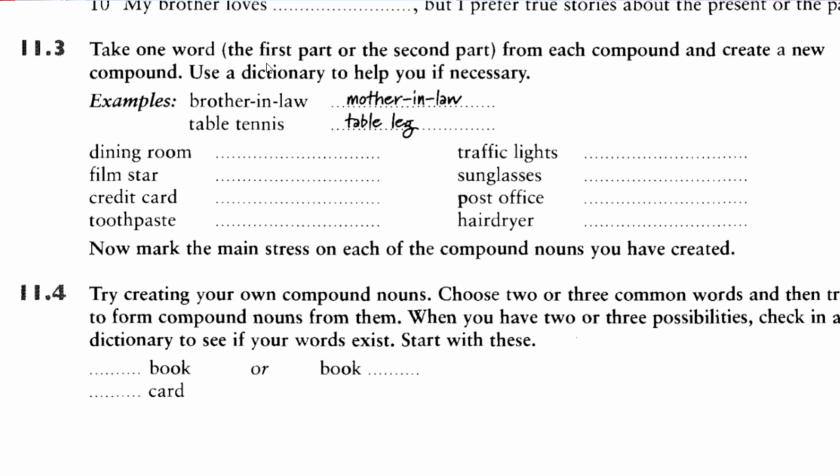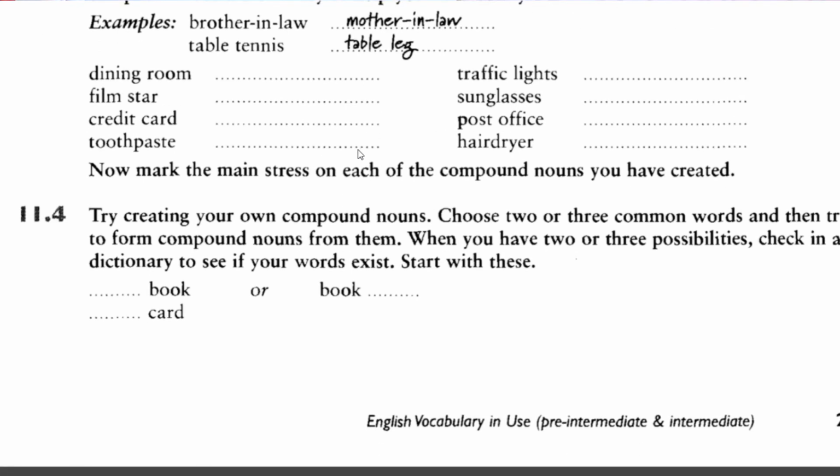Okay, so let's go to the last exercise, 11.3. It says, take one word, the first part or the second part, from each compound and create a new compound. Brother-in-law, mother-in-law. Table tennis, table leg. Dining room, waiting room.